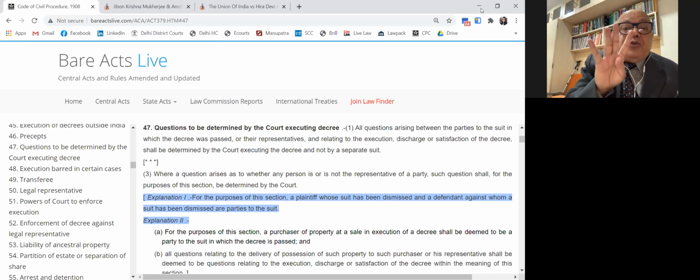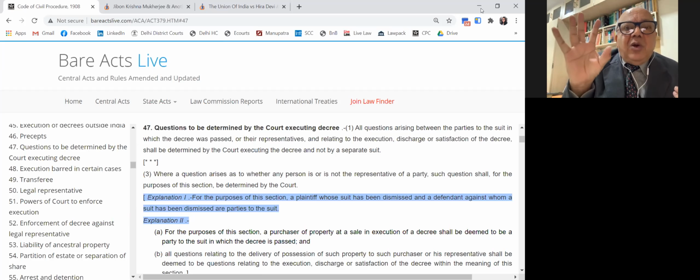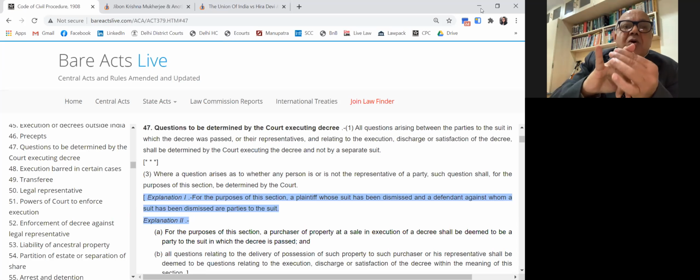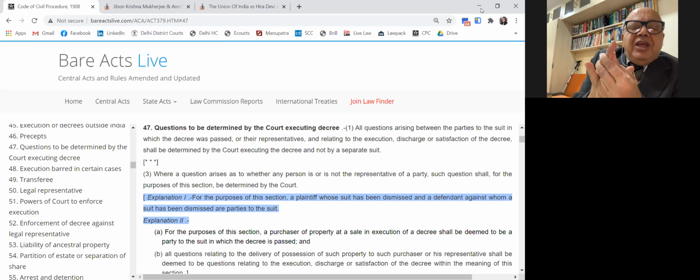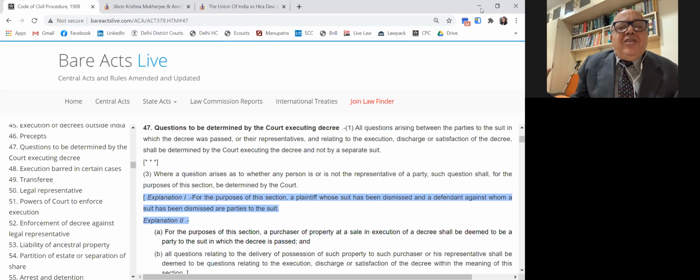In a suit, there are 4 parties. Number 1, the original decree holder, plaintiff. Number 2, the judgment debtor. Number 3, the purchaser of the property, auction purchaser. Number 4, a third party, an independent party filing a separate suit on the ground that here there is a fraud. My property has been attached.